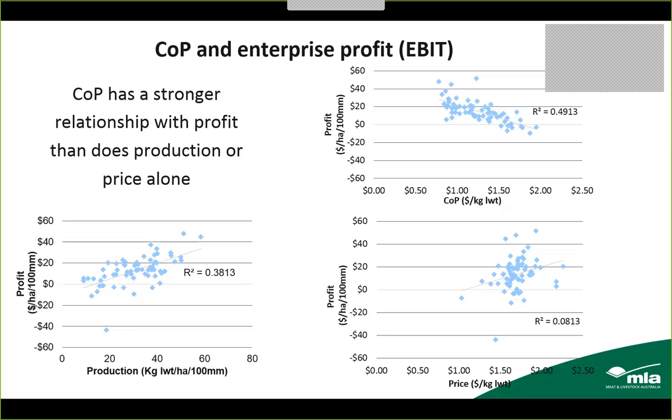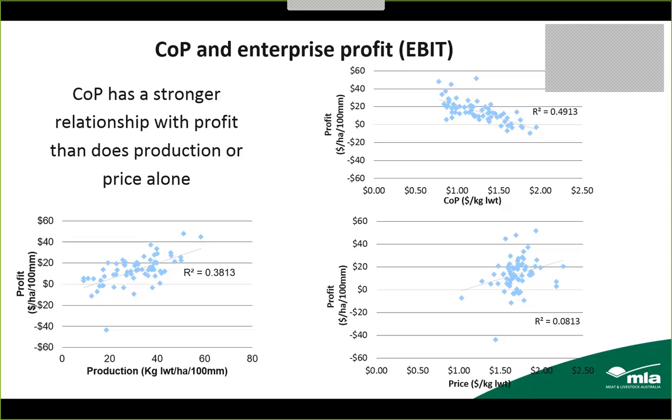So the reason the relationship isn't perfect is that you can generate more profit from a slightly higher cost of production and more production, than from a lower cost of production and less production. So there are a range of ways of getting to the same point.